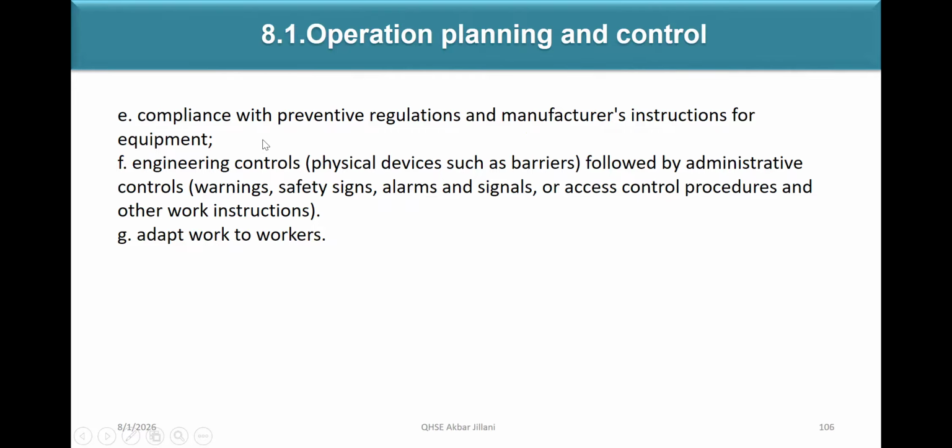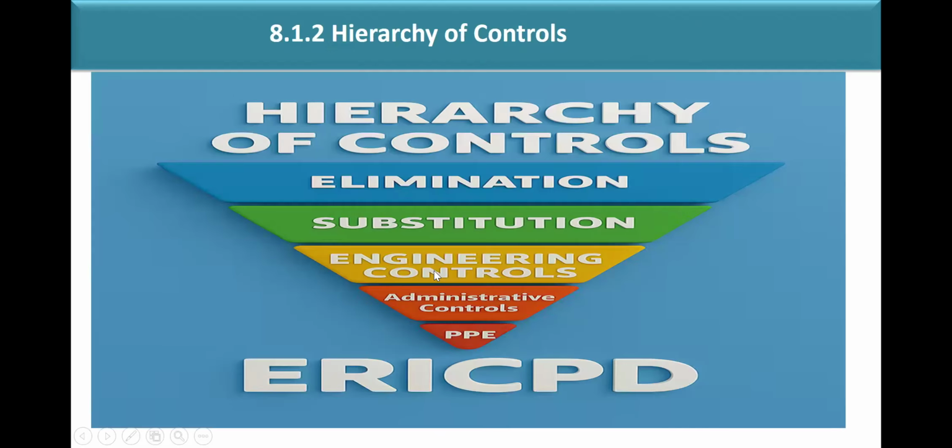Compliance with regulations and manufacturer instructions for equipment. Engineering control, physical devices such as barriers, followed by administrative control: warning and safety signs, alarms and signals, access control procedures and other work instructions. Then point G, adapt work to workers.